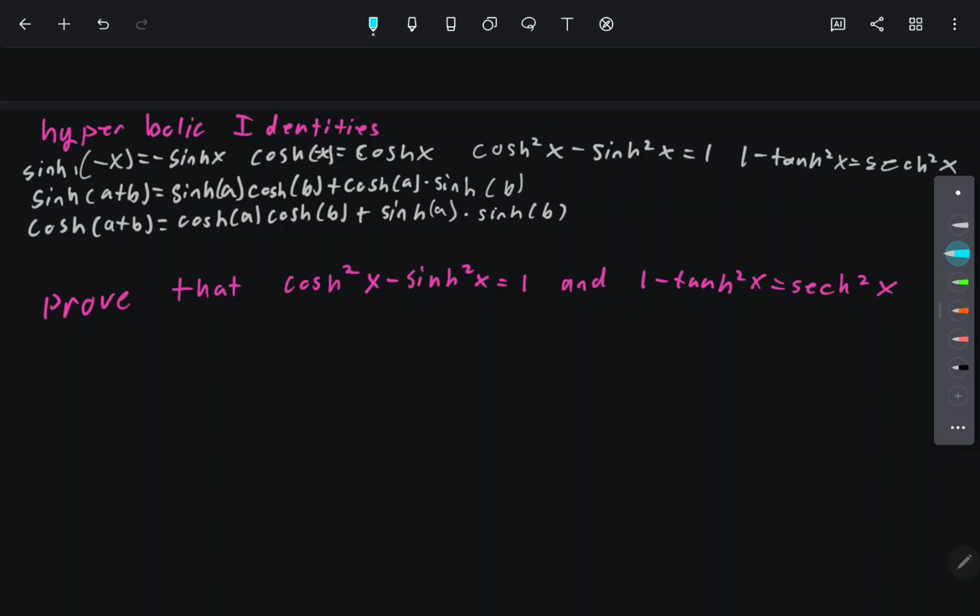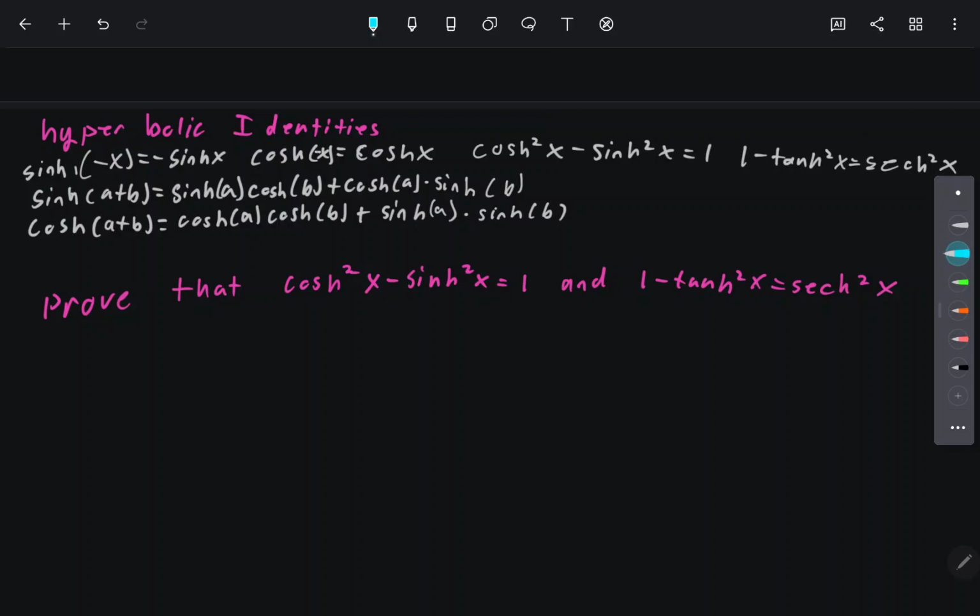This just shows us that the hyperbolic sine is odd, just like sine, interestingly enough. And then you'll also see here that the hyperbolic cosine of negative x is equal to the hyperbolic cosine of x.